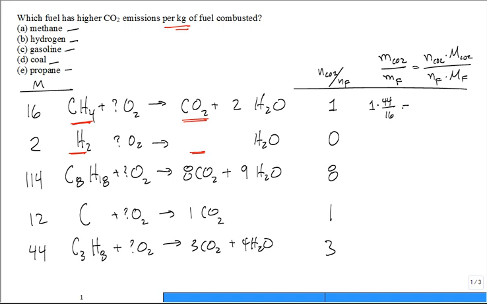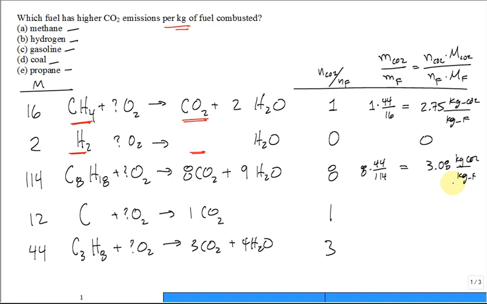This comes in with about 2.75 kilograms of CO2 per kilogram of that fuel. 0 for hydrogen, and then we'll have 8 times 44 divided by 114, and so gasoline comes in at about 3.08 kilograms of CO2 per kilogram of fuel.